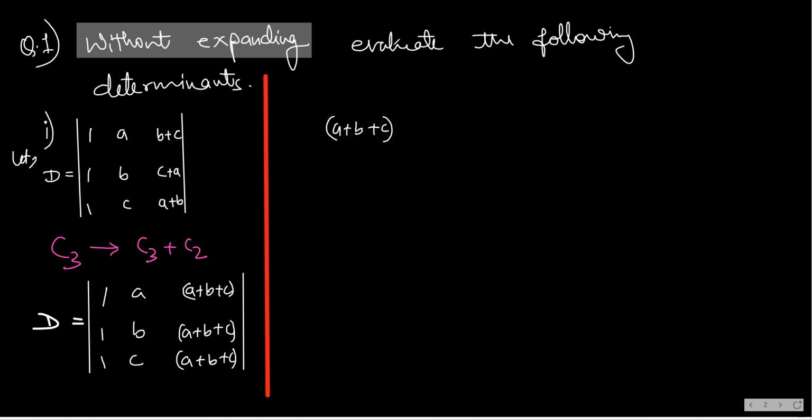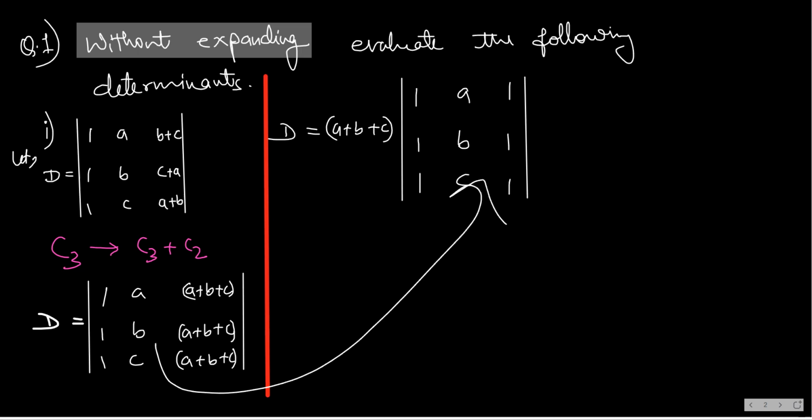And if I take A plus B plus C common, what will I get? I will get here 1, 1, 1, this is A, B, C, and here also 1, 1, 1. This is D. Same determinant, but only A plus B plus C, which was common in column 3 elements, I took it out.